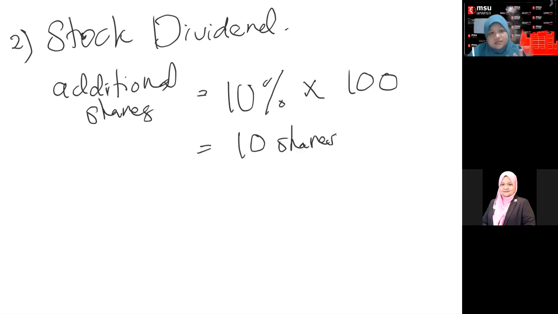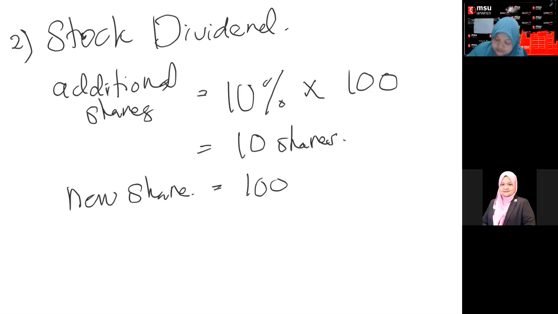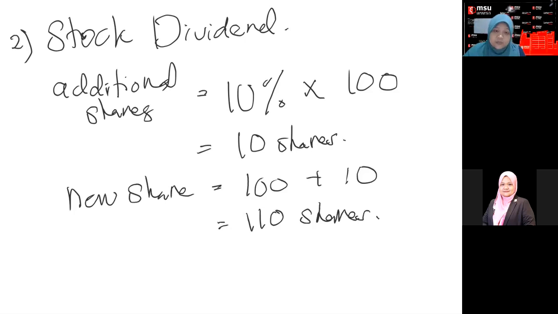So how many shares does Encik Nazri now own? It's 100 plus 10, so the answer is 110 shares. With the new number of shares, the price will decrease.